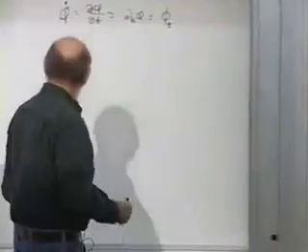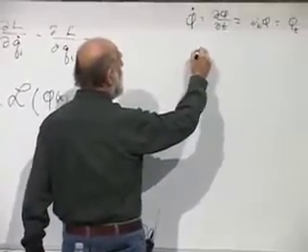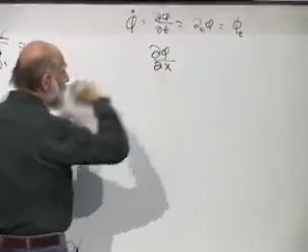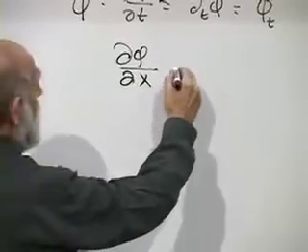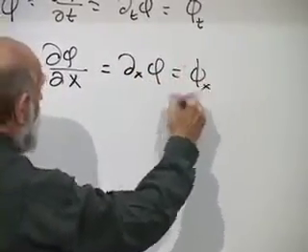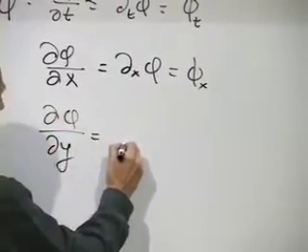That translated into something involving derivatives of phi with respect to spatial positions. So we could have d_x phi equals phi x. We can also have d phi by dy and so forth.